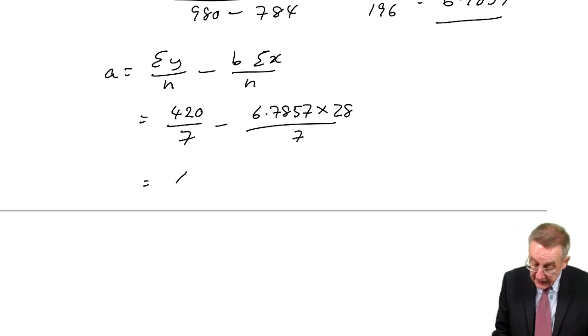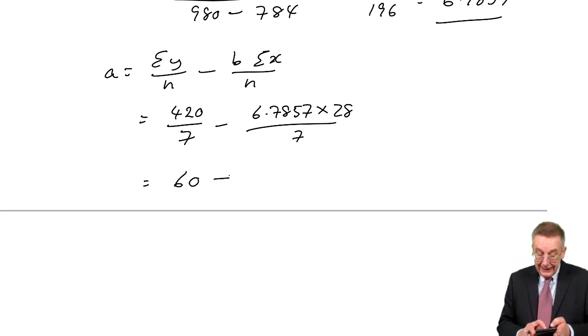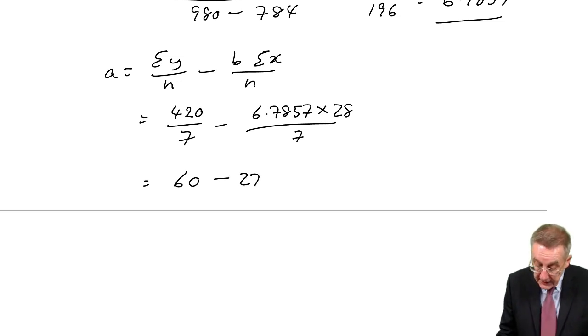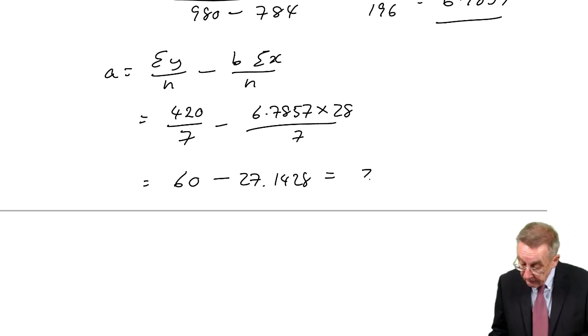420 over 7 is 60, minus 27.1428, which equals 32.852.